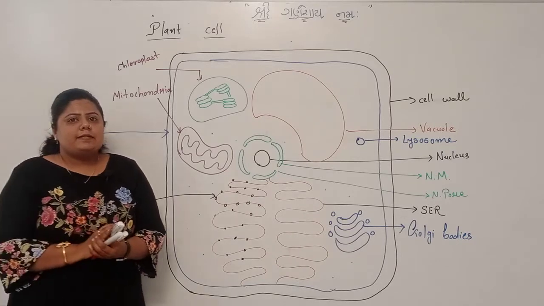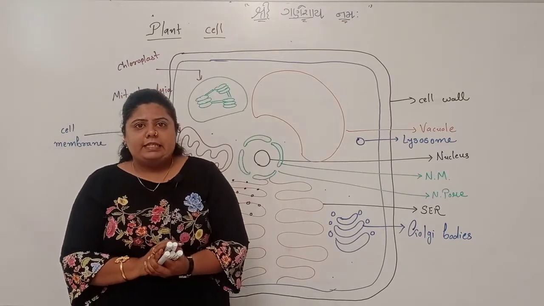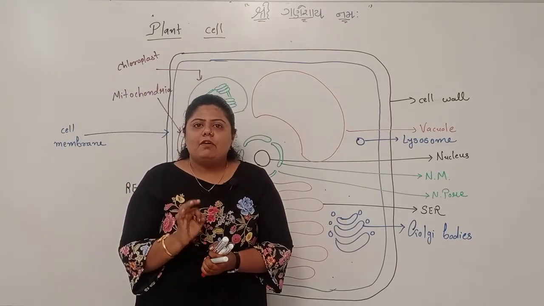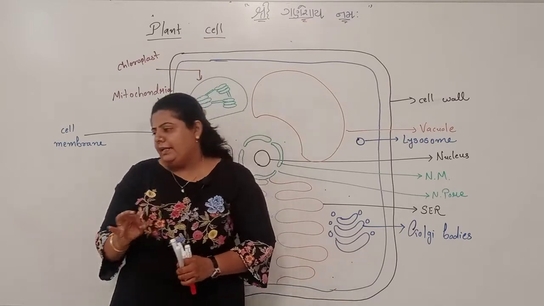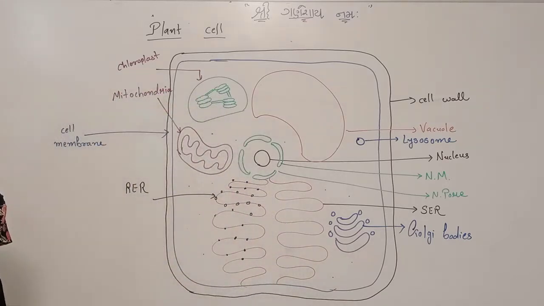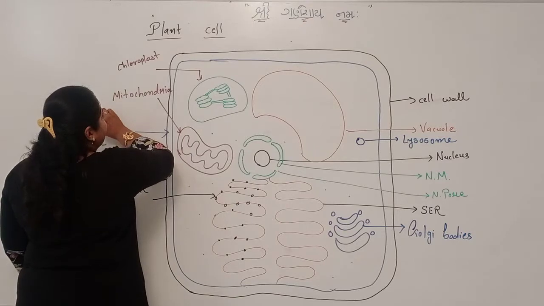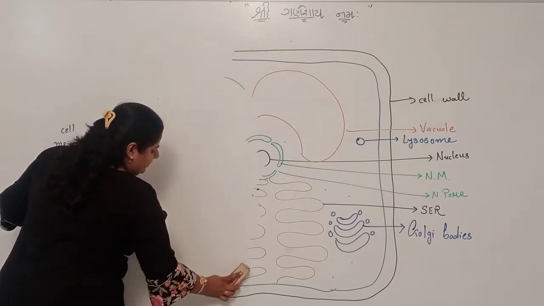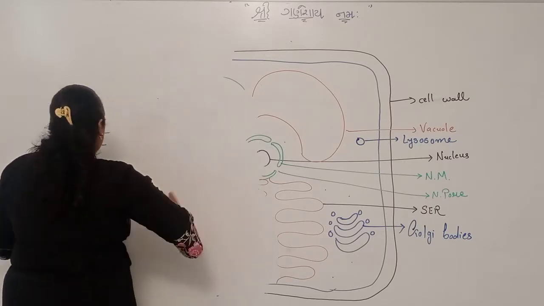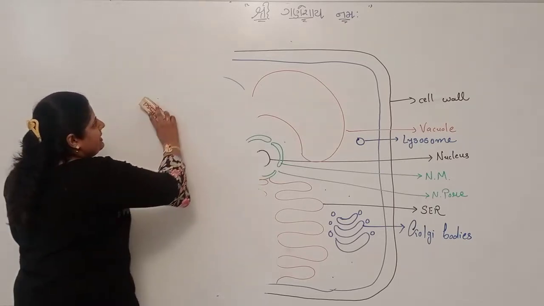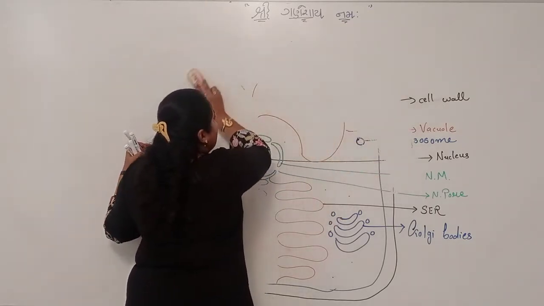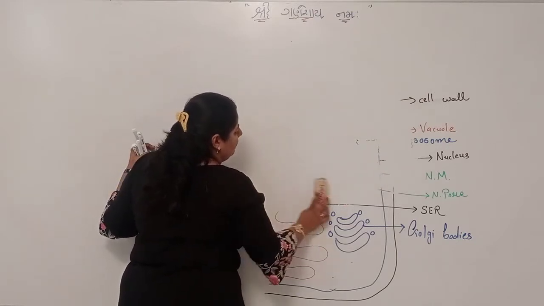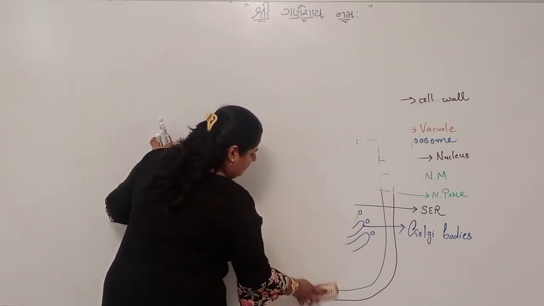So now students, we are going to study the detailed structure of the cell membrane, which is selectively permeable. Okay? Beta, after the cell wall there is the cell membrane, and the cell membrane was observed after the invention of the electron microscope.